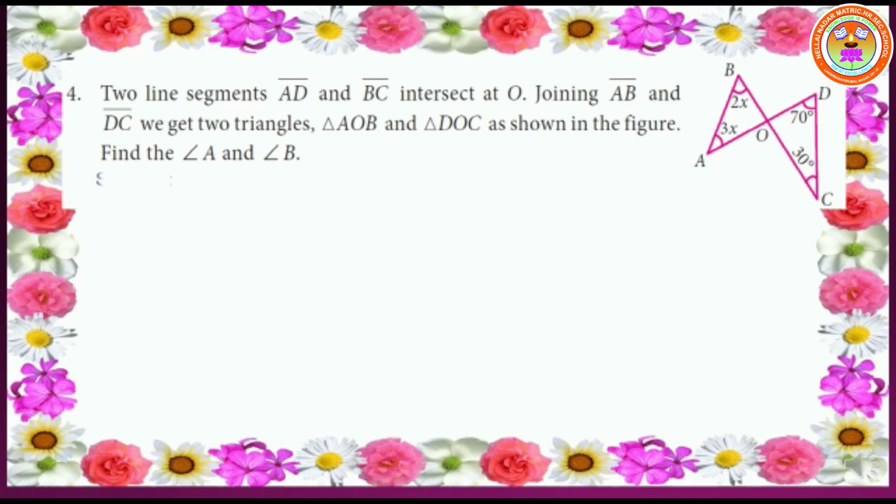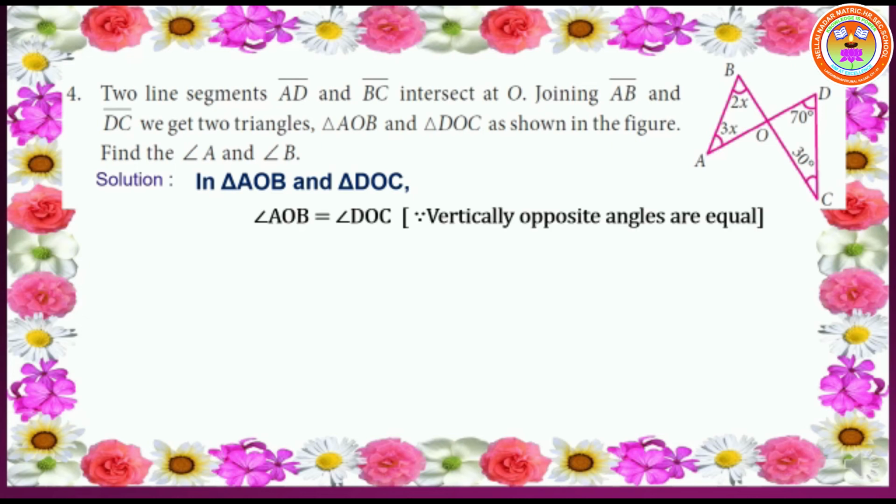Yes? Now, solution. In triangle AOB and triangle DOC. Okay, first let me take both the triangles AOB and DOC. Now, I find that angle AOB will be equal to angle DOC because they are vertically opposite angles.